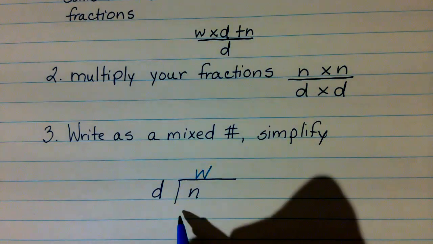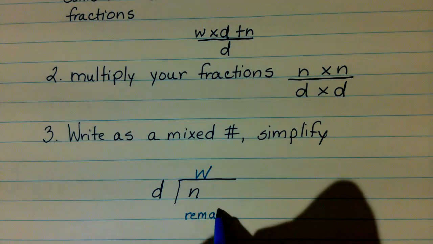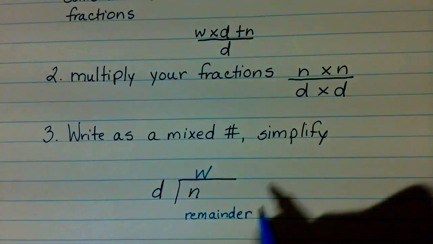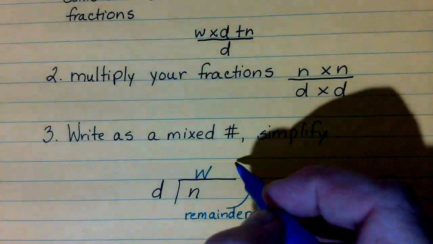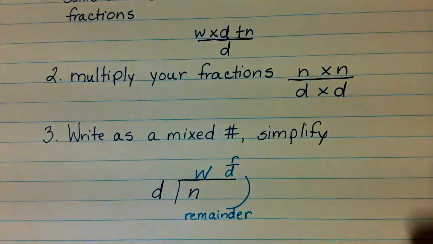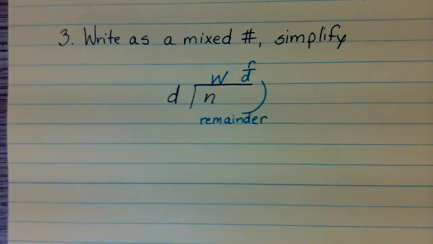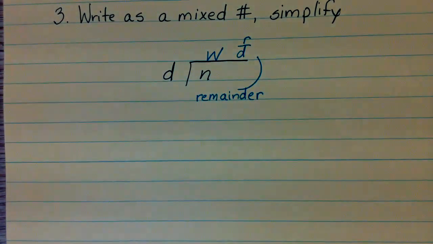Whatever is our remainder becomes our numerator over our denominator. Remainder over denominator. Okay? So let's practice 1 or 2 of these because I did go through that very fast.